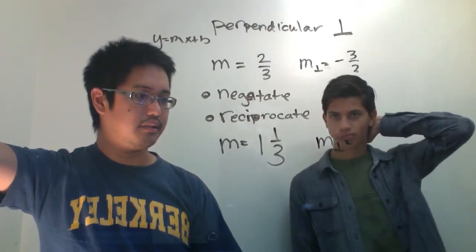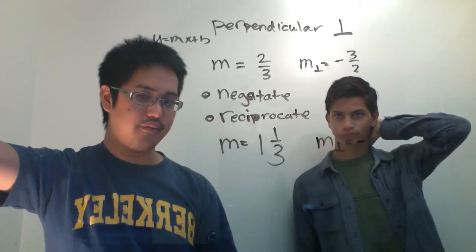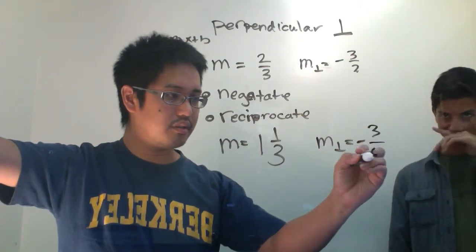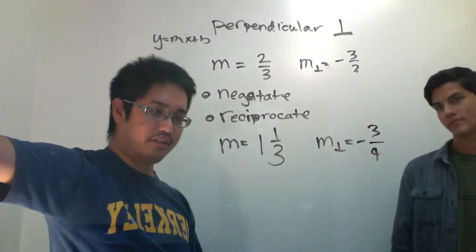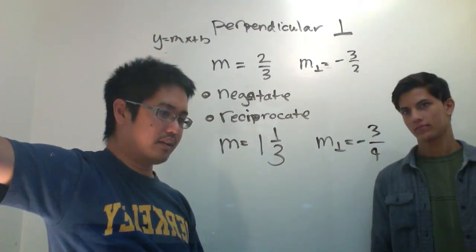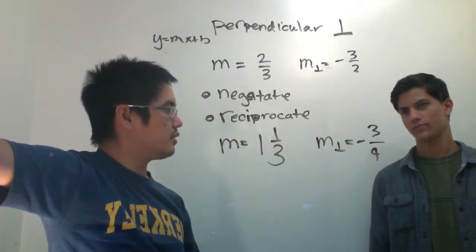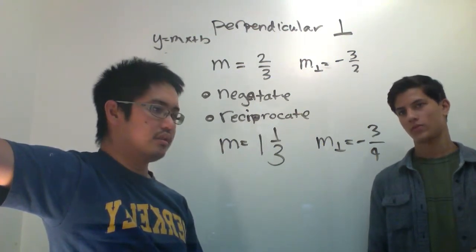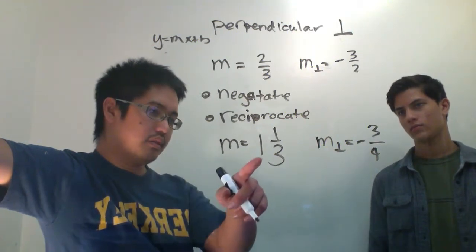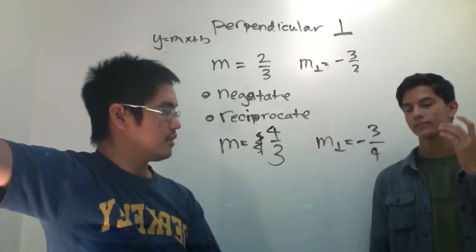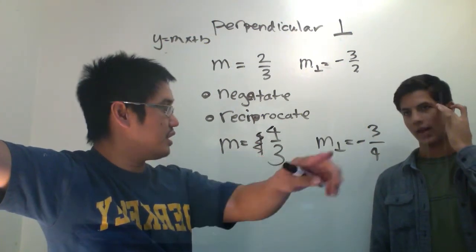It would be negative 3/4. How did I get 3/4? There was no 4 here. 1 1/3 is the same as 4/3. So I made it into a pure fraction, and then I reciprocated.